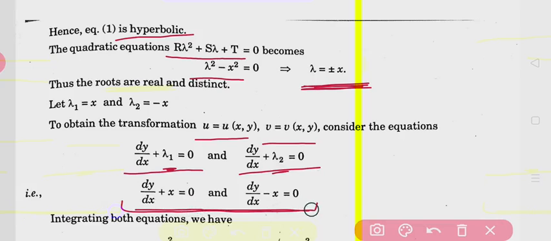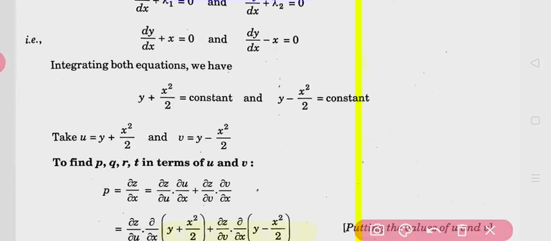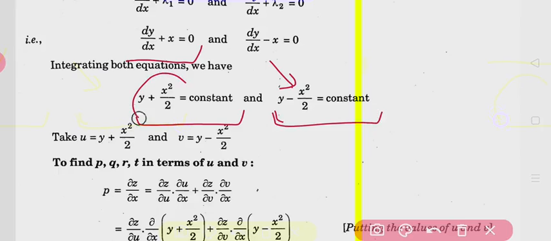When you take the integration, some function of x and y, say u, and some other function of x and y, say v, each equal to some constant. I say this is u and this is v. Okay, so we got the values of u and v. Obviously you can check that these are independent. You can find out the Jacobian also, this will be non-zero actually.